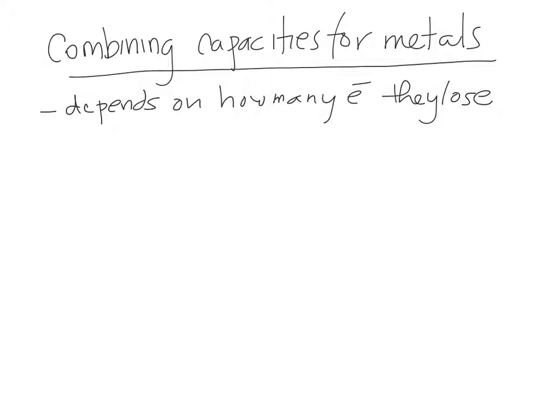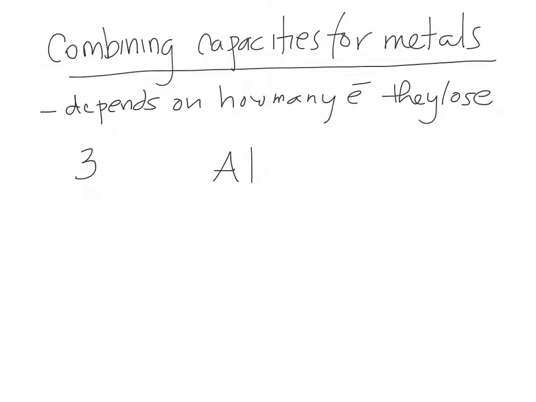But think about combining capacity of 3. Who can lose 3 electrons? You have a lot of it probably in your kitchen. Very flat and in a big roll. Aluminum.